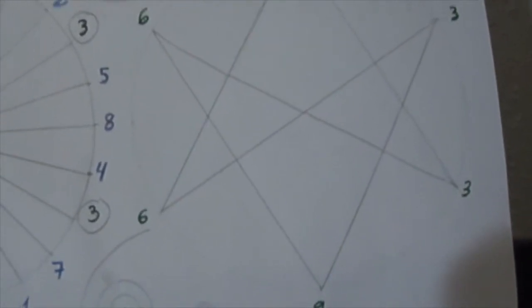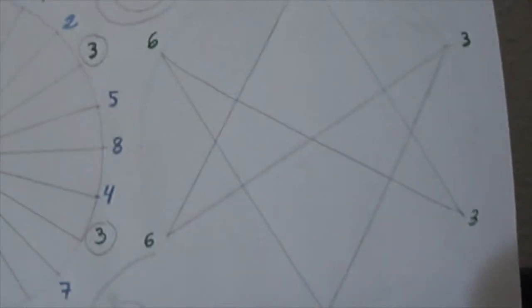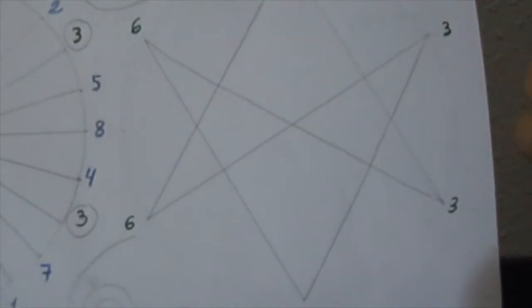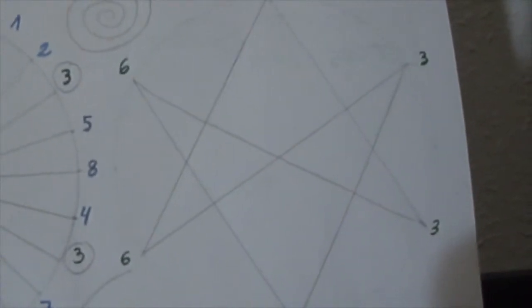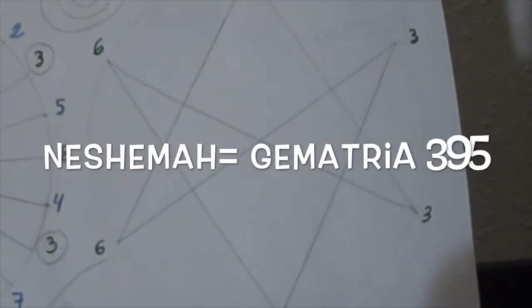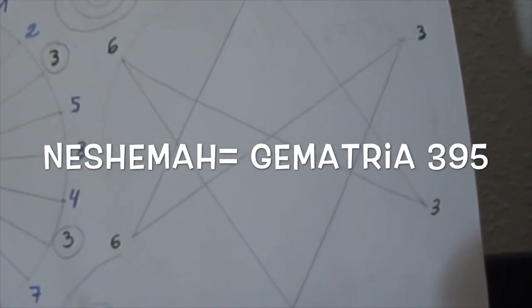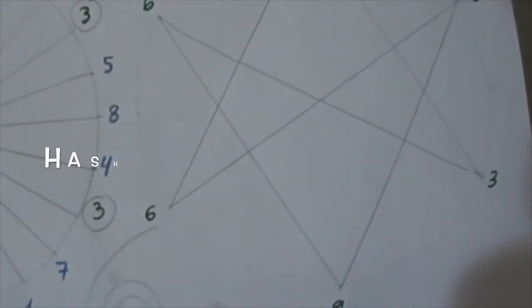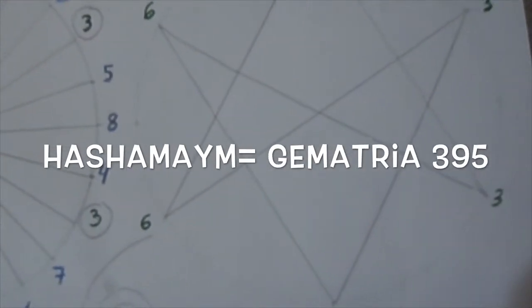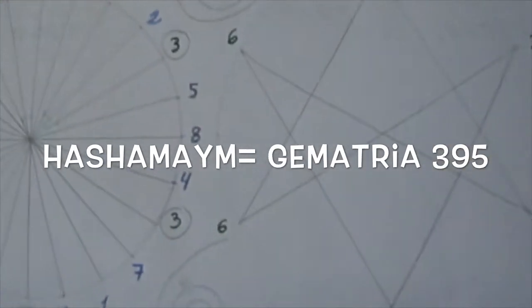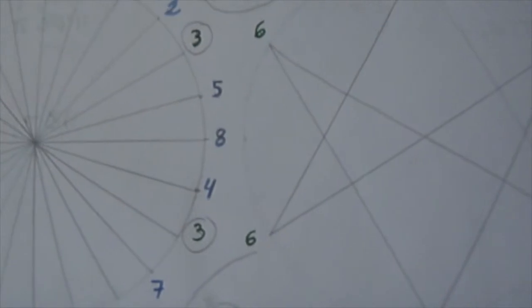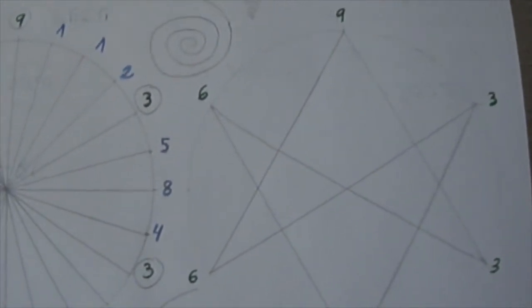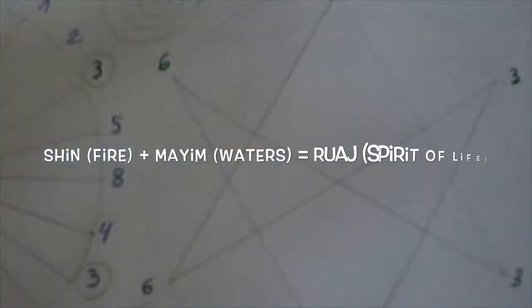Remember how in previous videos I said that divine soul in Hebrew is known as Neshama, whose numeric value is exactly the same as the numeric value of Hashemayim, translated as the heavens, which is the union of the fire of conscience, Shin, and the waters of life, Ma'im.